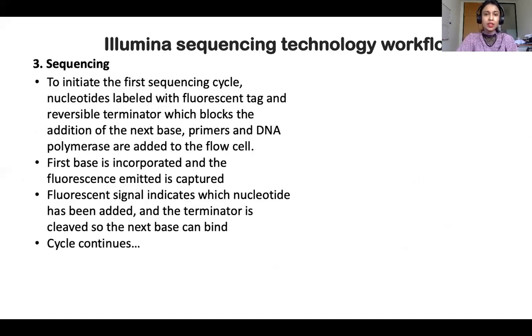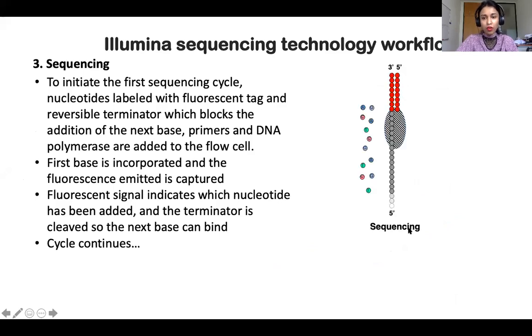And finally, you have your sequencing. Third is your sequencing. To initiate the first sequencing cycle, nucleotides which are labeled with fluorescent tags and reversible terminators, which block the addition of the next base, primers, as well as polymerase are added to the flow cell. And when the first base is incorporated, the fluorescence is emitted.